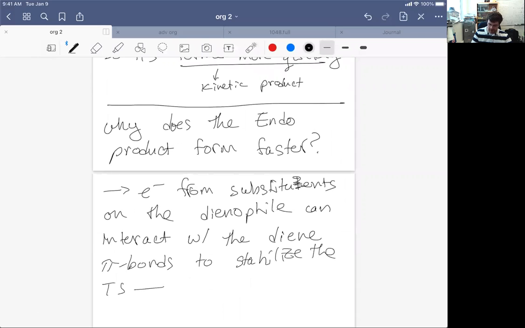This has a broad term that I'm going to leave vague. It's just something you could look more deeply into if you're interested. This is called secondary orbital overlap. It's not as clean as typical orbital overlap drawings that I like to include, and we could almost argue that those are not that clean.